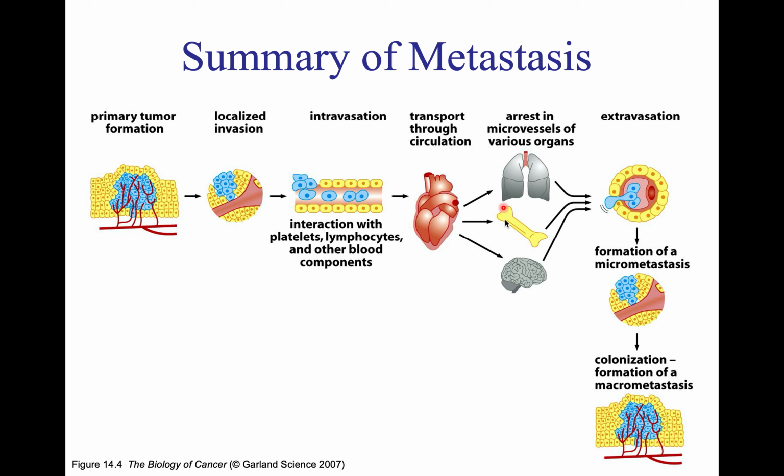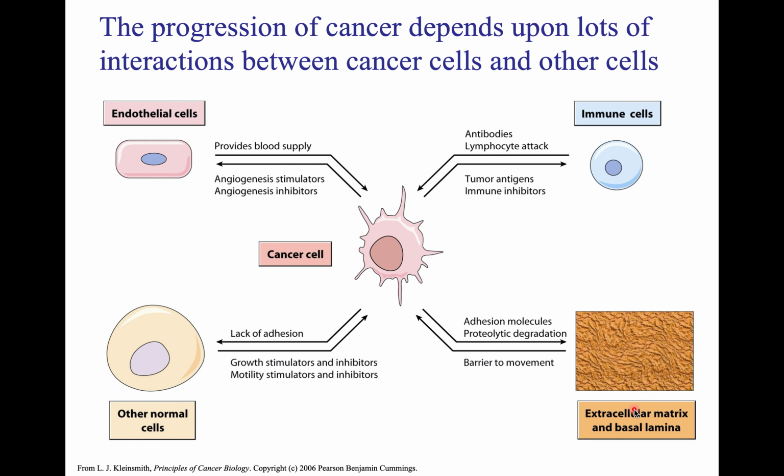Getting stuck in those capillaries, those microvessels in various organs throughout the body, that process of extravasation that we talked about, leaving the bloodstream, and then you'll get the formation of what we call micrometastases throughout the body. And then if those micrometastases are able to recruit their own blood supply through angiogenesis, right, they may evolve into metastatic tumors themselves. And we have the whole process repeat at that point.